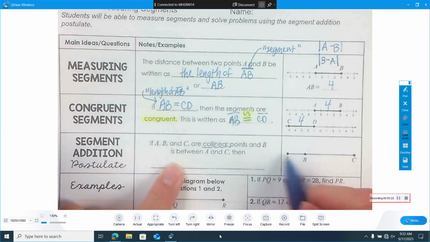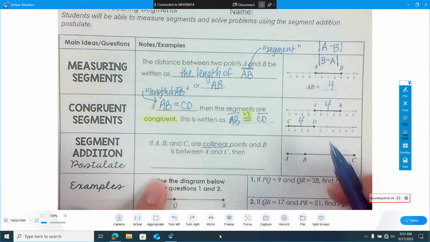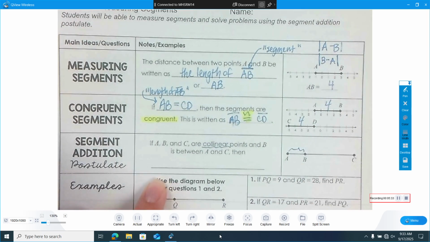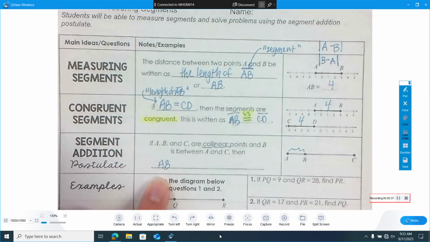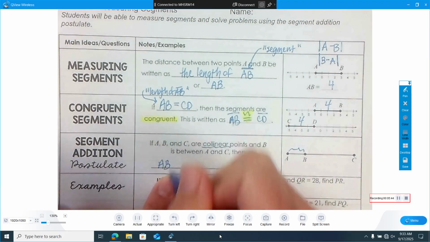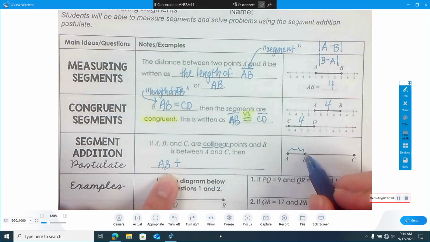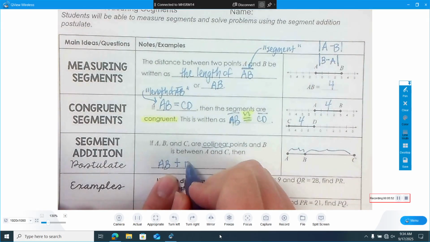And B is somewhere between A and C, then if I have this length, I don't know what that is, but we're going to call it AB. With my notation, that's saying whatever that length between A and B is, plus this little piece here. What can I call that little piece there? BC. Hey, look at that, BC.